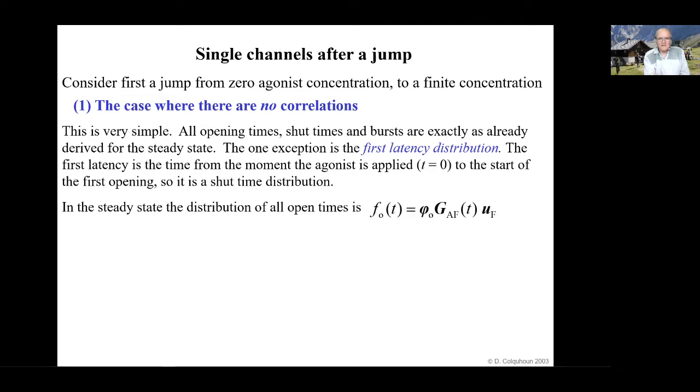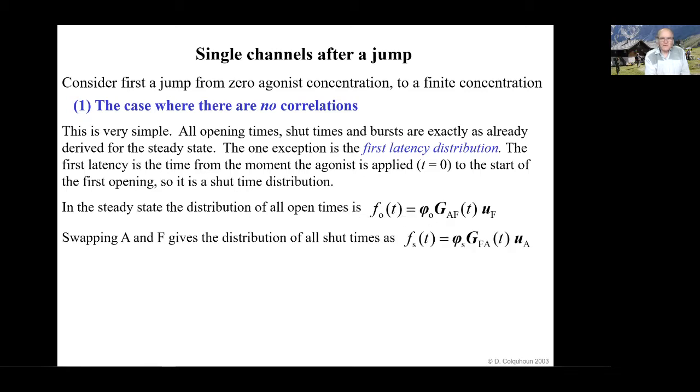In the steady state, the distribution of all openings, we have seen many times now, is given by this expression. Phi O, I should say, is a row vector which describes the occupancies of the various open states at the beginning of the opening. And if we swap open and shut states, we get the distribution of shut times as this.